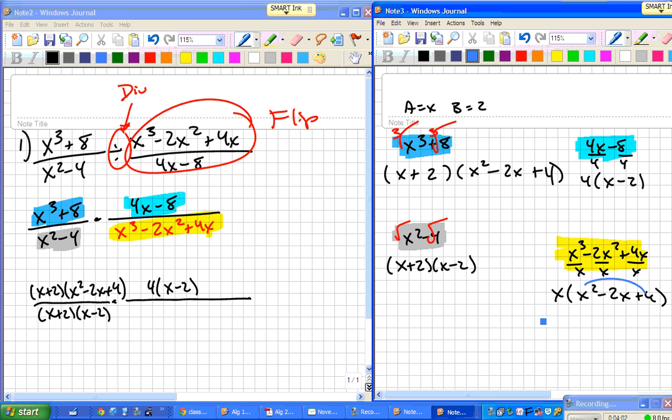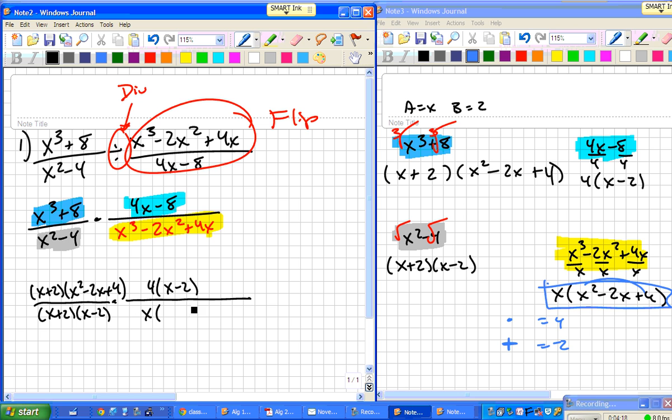To check to see if we can factor that, I want numbers that multiply to get to 4, but add to get to negative 2. And there's nothing that can go into that, so there we go. So x squared minus 2x plus 4.